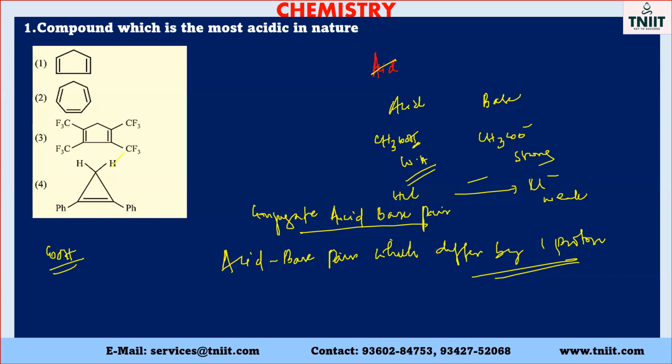You can see in the third molecule, these fluorine atoms are there. In this molecule, one of the hydrogen atoms, CH2, this carbon and hydrogen here, will be lost and its conjugate base becomes weak. Therefore, this acid will be the strongest amongst all the other three. Therefore, the option for this question is answer 3. This is a concept based on conjugate acid-base pair.